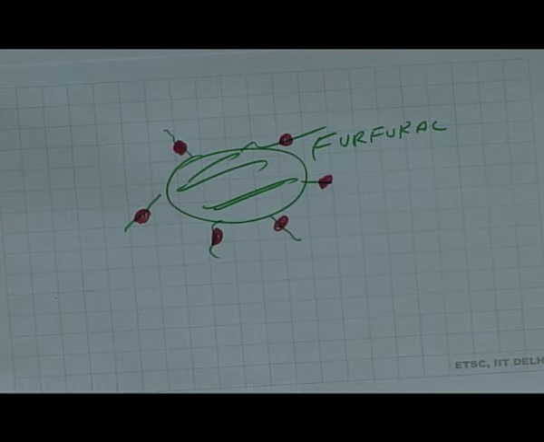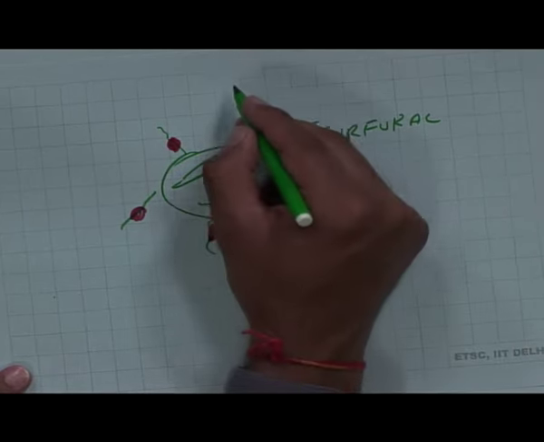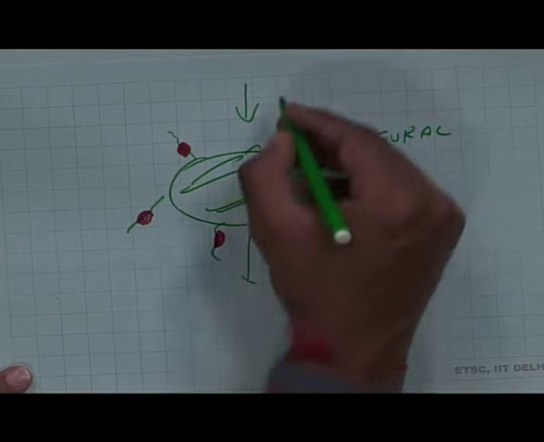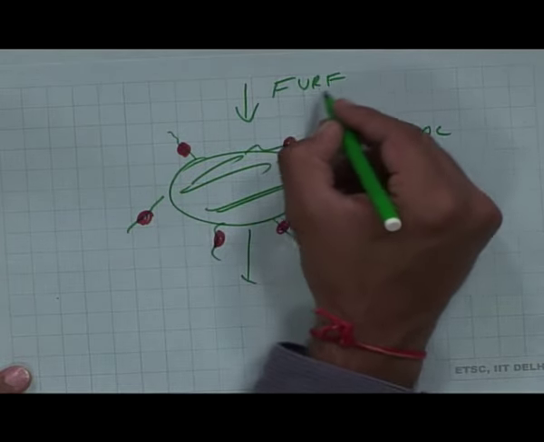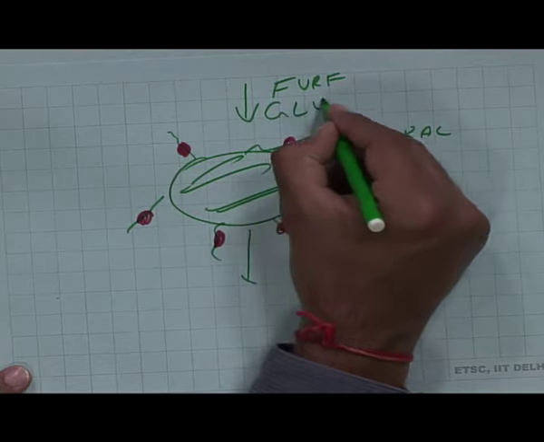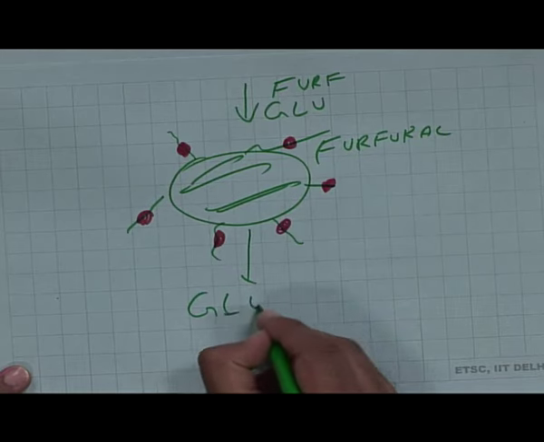Okay. So, this is our furfural molecule. If you have liquid going in, with furfural and glutamic acid, passing through, furfural remains here and glutamic acid will come here.